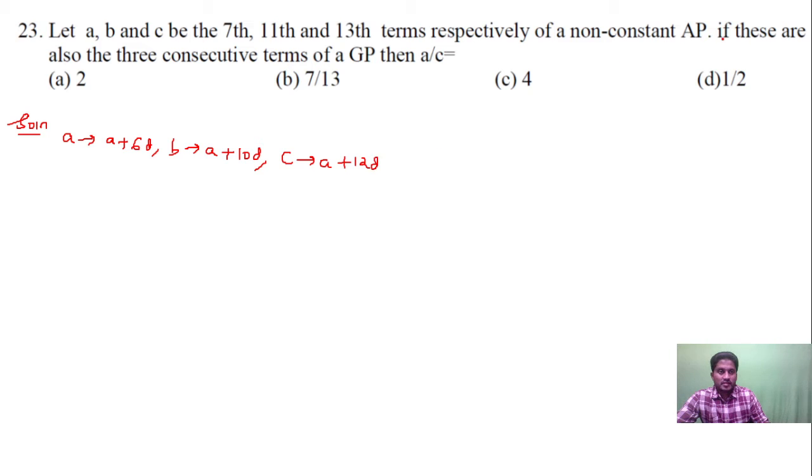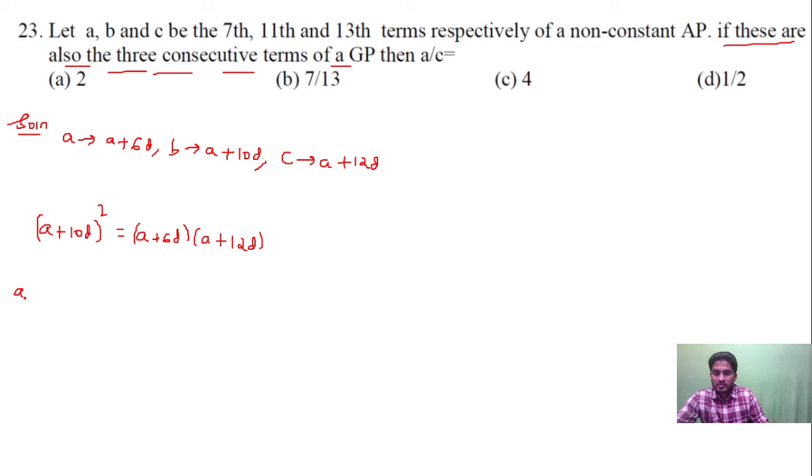Now it's also given in the question that these are also 3 consecutive terms of a GP. So the square of the middle term is equal to the product of the first and last term. This is (a plus 10d) whole square equal to (a plus 6d) into (a plus 12d). From here I'll get a relation between a and d.